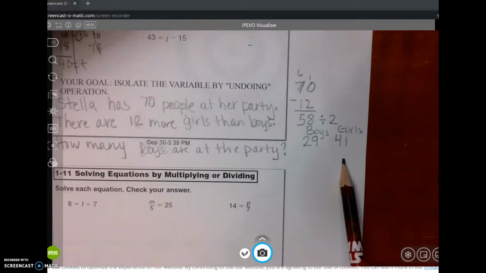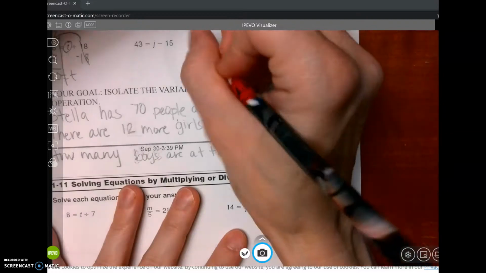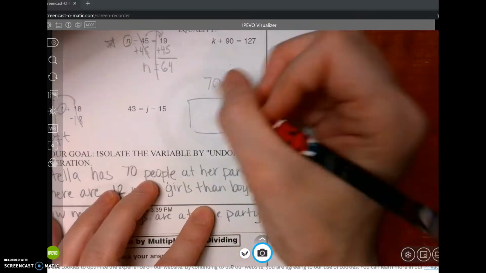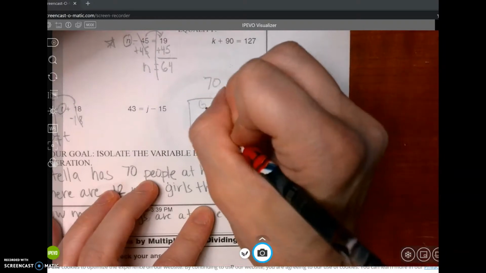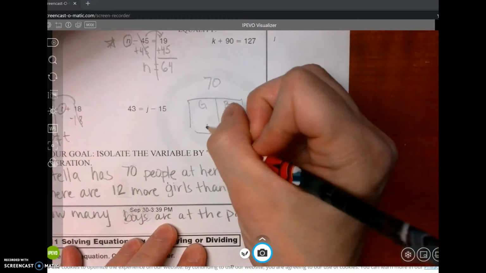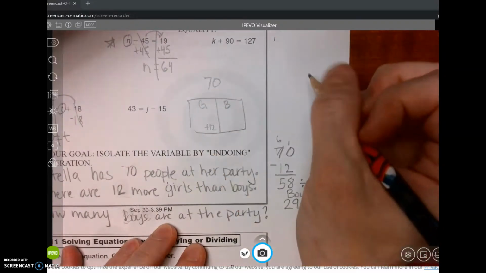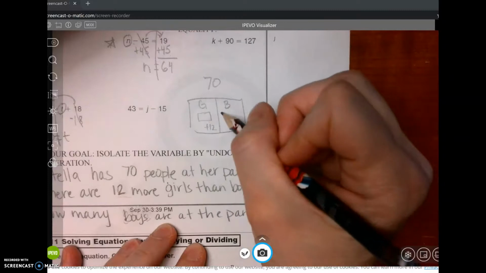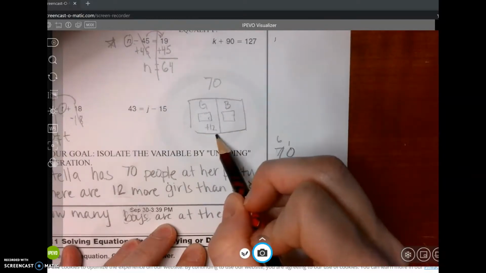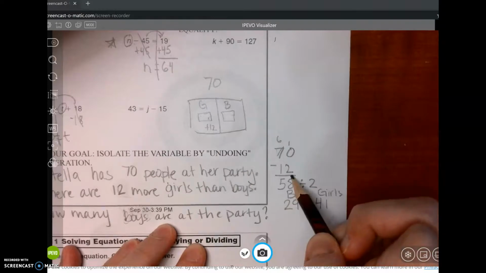And it does. Okay, so the picture that we drew was if there's 70 kids total, and half are girls and half are boys, and there's 12 more girls than there are boys, we want to know how many there are here if this part is equal, and then there's just 12 more girls, that we take away 12 from 70.